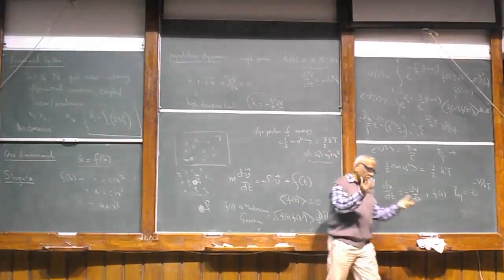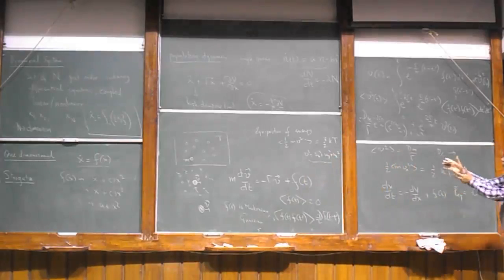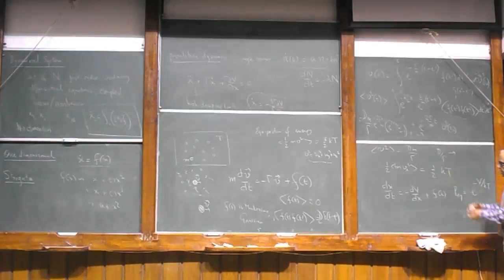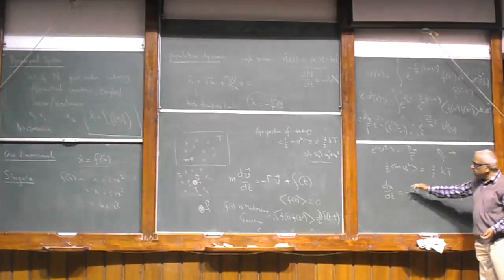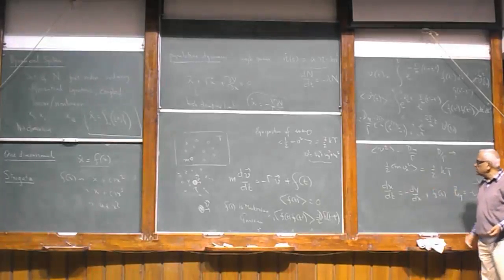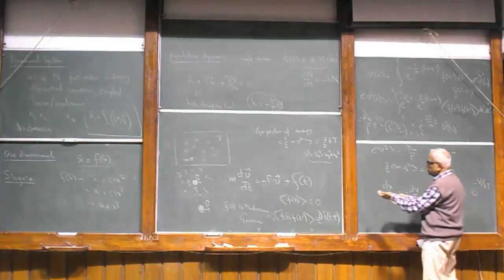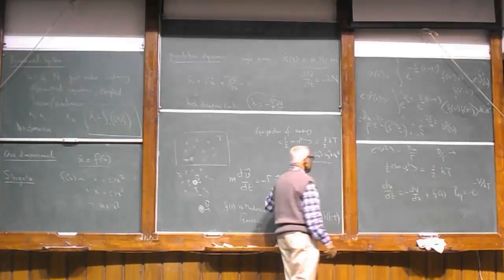So I'm reversing the whole business. I show you this thing going one way, and having shown it to you this way, if somebody tells me that there is this distribution over here, I can go back and say, aha, there is a dynamics which looks like this.